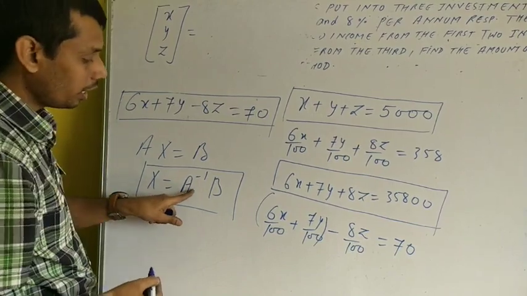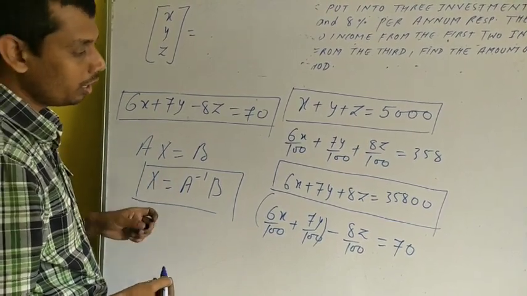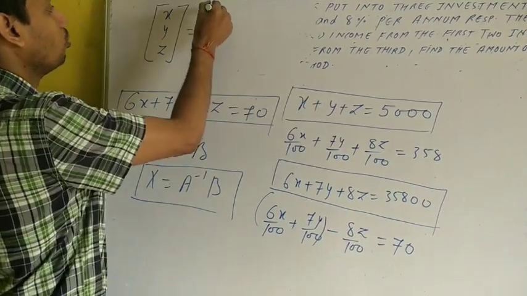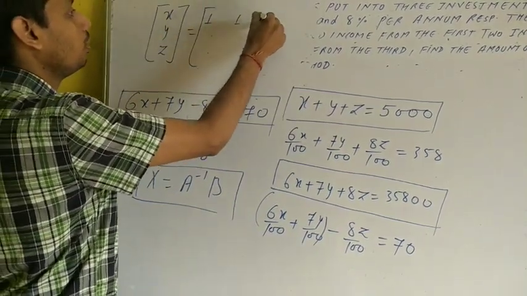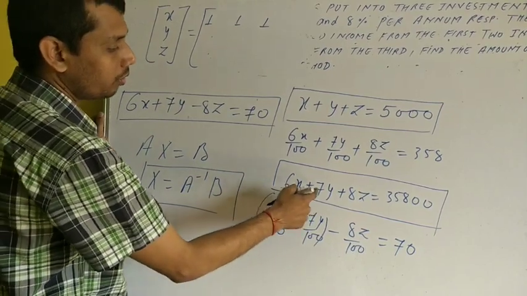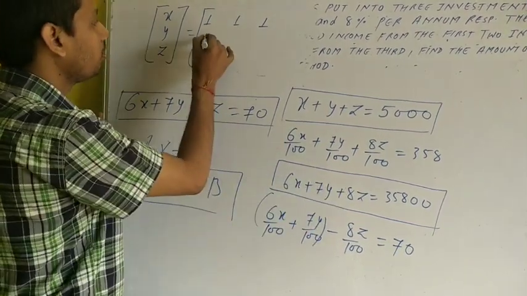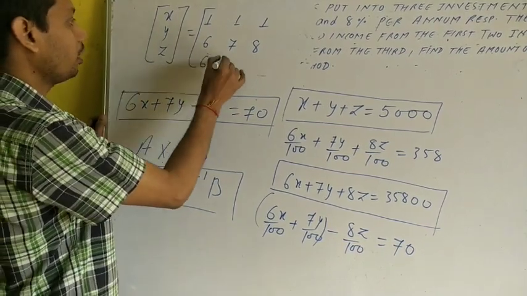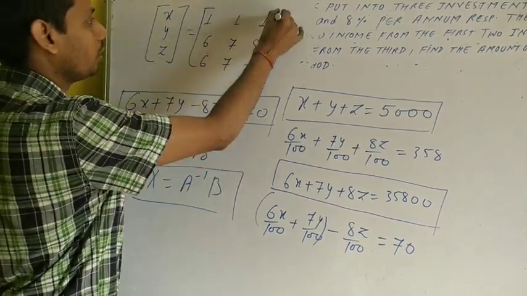Now A inverse. What is A? A is the coefficient matrix: 1, 1, 1; 6, 7, 8; and 6, 7, minus 8.